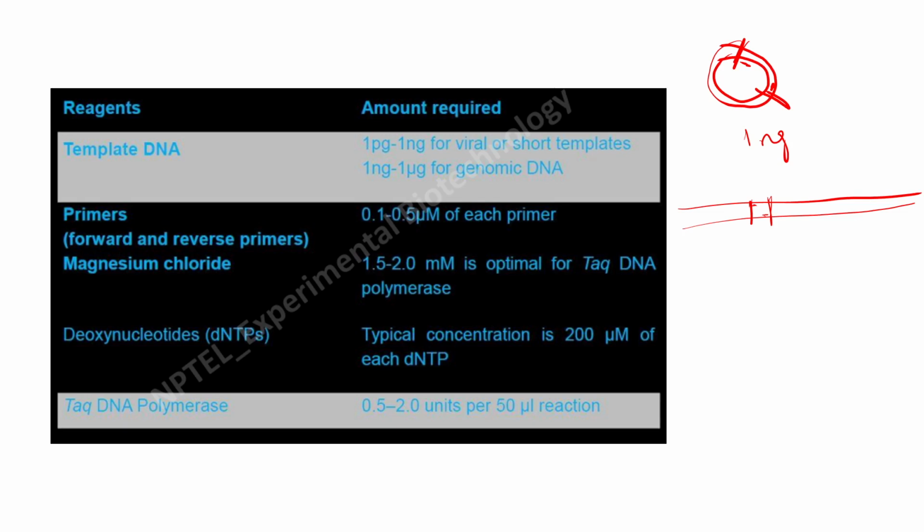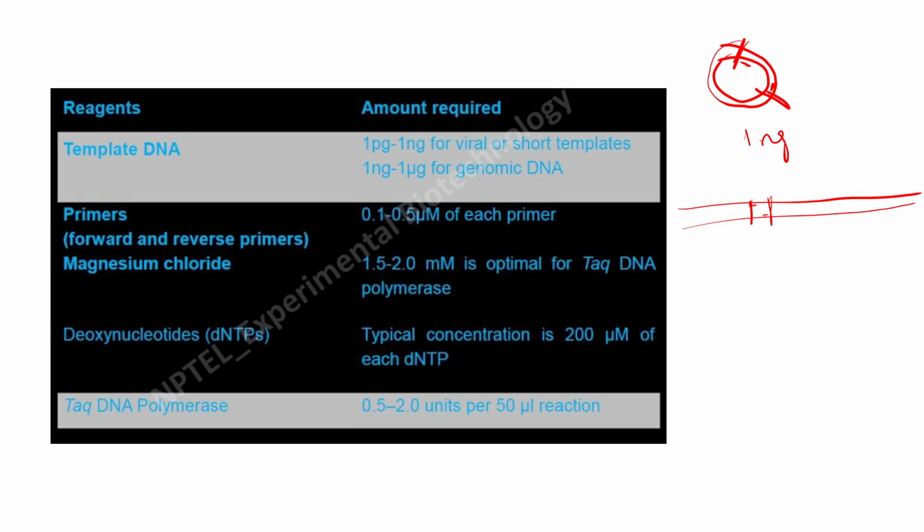Then comes the primer. Again, the quantity of primer also has to be optimized. Generally 0.1 to 0.5 micromolar of each primer is enough. Generally we add 0.2 or 0.25 micromolar of primers, and it works for most PCR reactions.